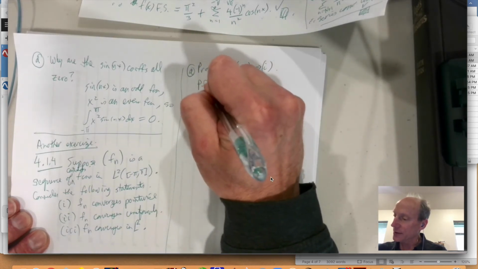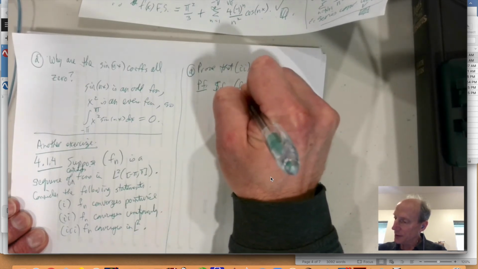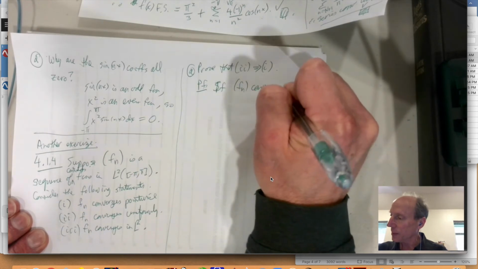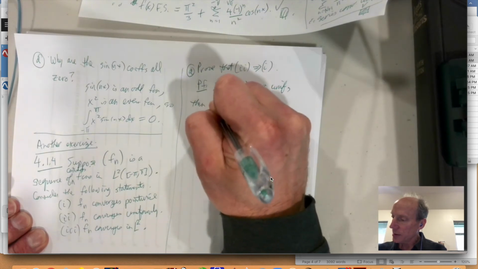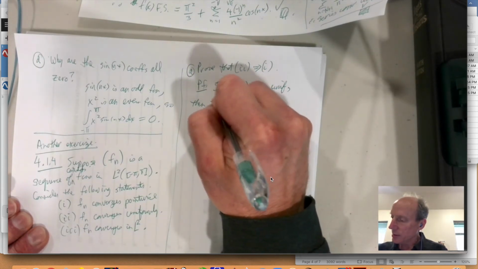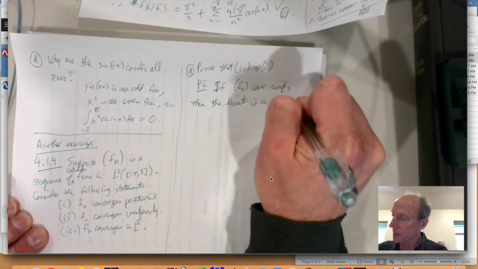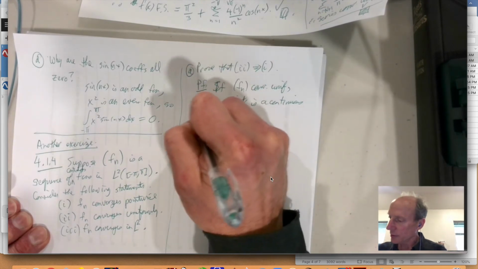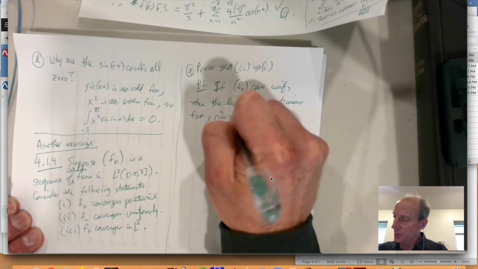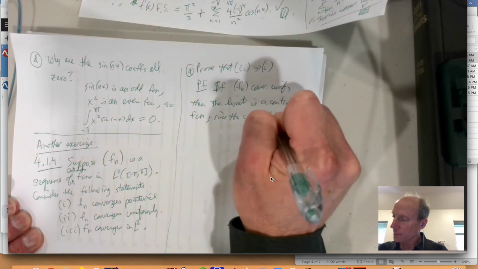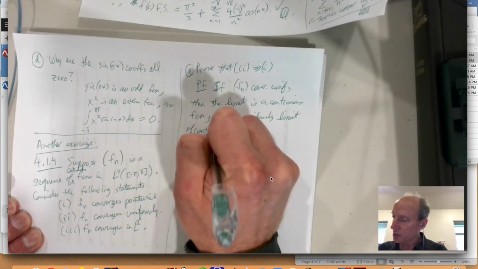So the proof is, if f_n converges uniformly, then the limit is a continuous function, since the uniform limit of continuous functions is continuous.